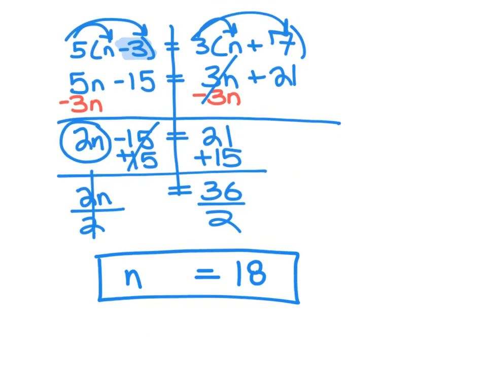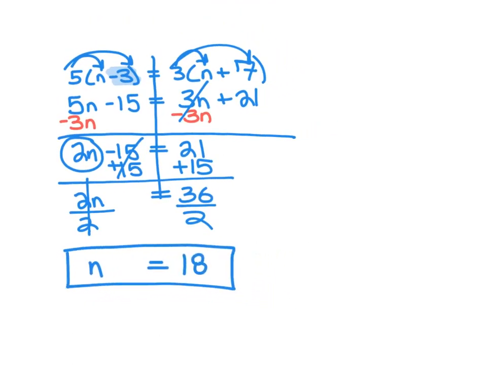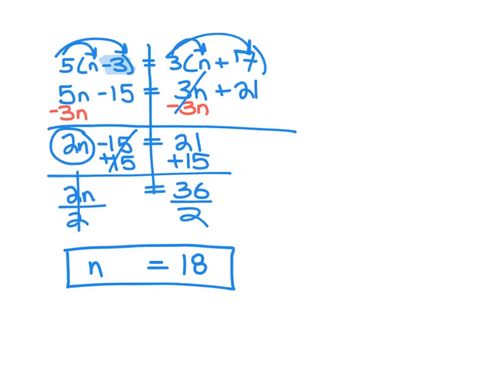Okay, so I wanted to show you real quick how we could check our work, and then we will be about wrapped up. So if I wanted to check my work, I could plug my answer of n, which is 18, back into my problem for my n's. So I'm going to do that right here.